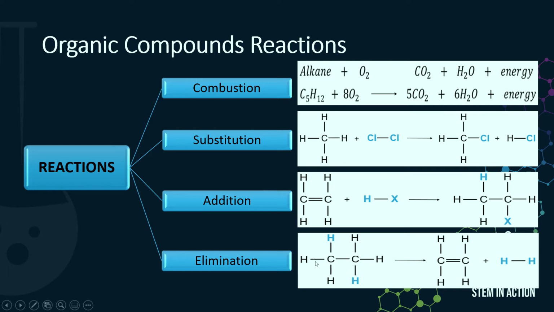Here we're moving from an ethane, where all the carbons have 4 atoms around themselves, and we remove these 2 atoms, that one and that one, and we form a double bond. So we're moving from a saturated hydrocarbon to an unsaturated hydrocarbon with a double bond. And we have a byproduct, which is the two hydrogens that we have removed in this case.